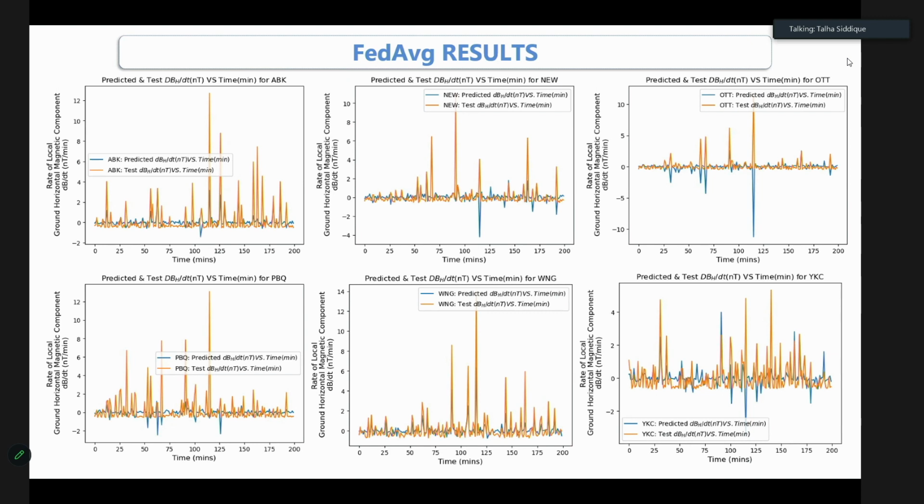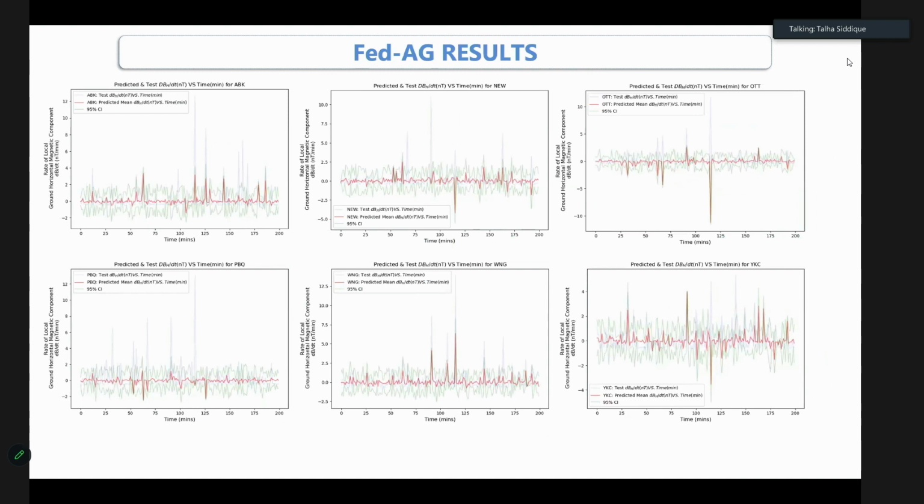In addition to the baseline federated average, in the server we carried out a Markov chain Monte Carlo simulation in order to get a prediction uncertainty as well.